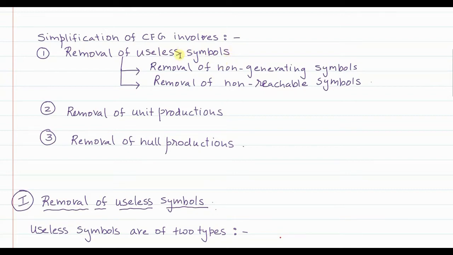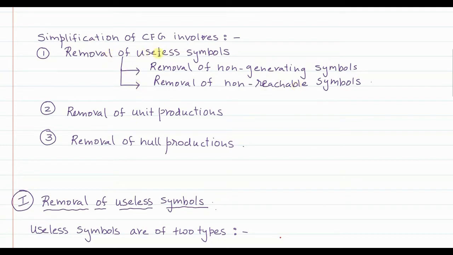Useless symbols are of two types. There is something called a non-generating symbol and there is something called a non-reachable symbol. So the first step is the process of removal of non-generating symbols and non-reachable symbols. There is no particular order in which this is done. So these are two types of useless symbols, non-generating ones and non-reachable ones.